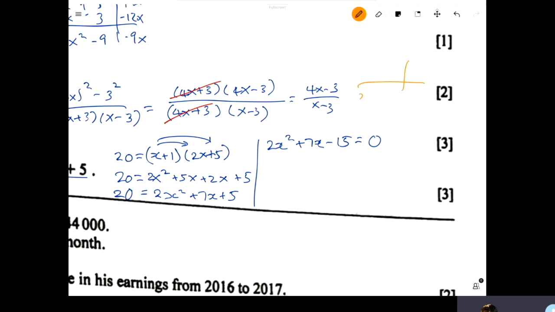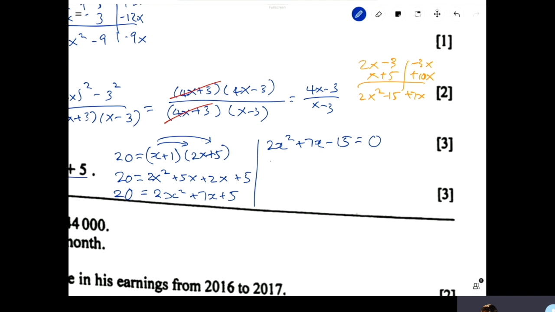Factorize. So 2x squared plus 7x minus 15. 2x times x. 15 is 5 times 3, right? So 3 times 5, plus minus 3x plus 10x.